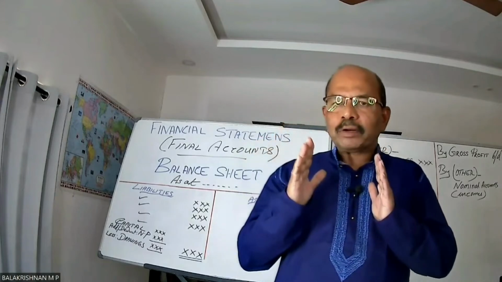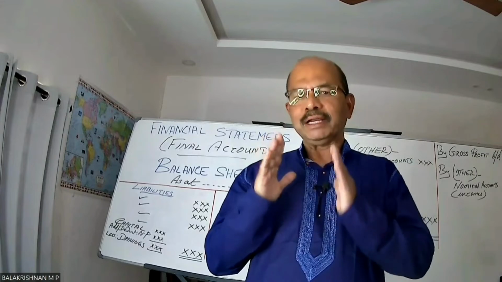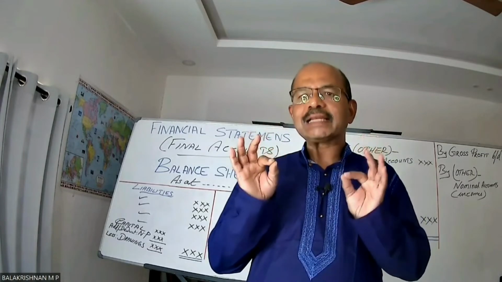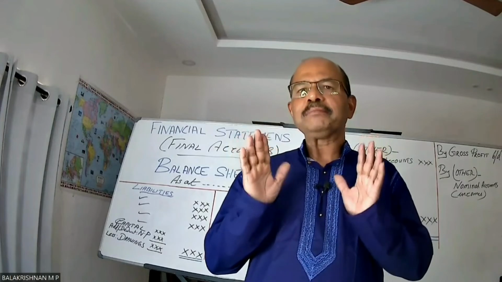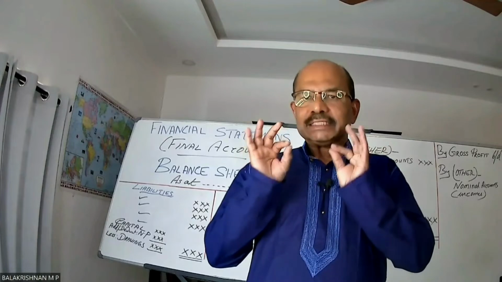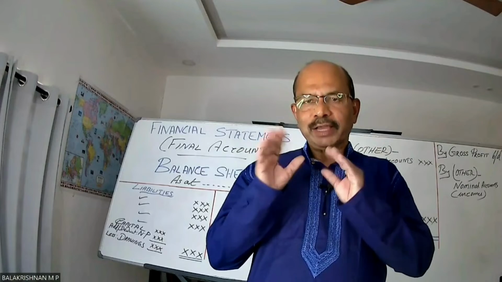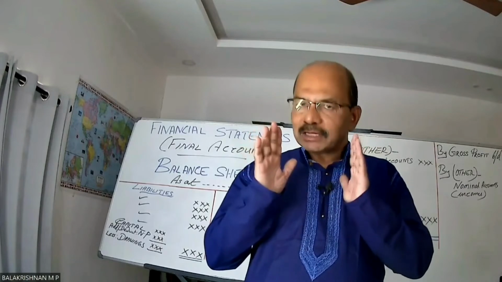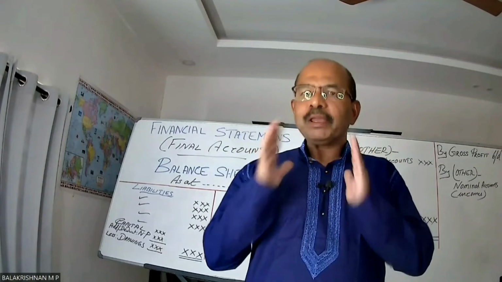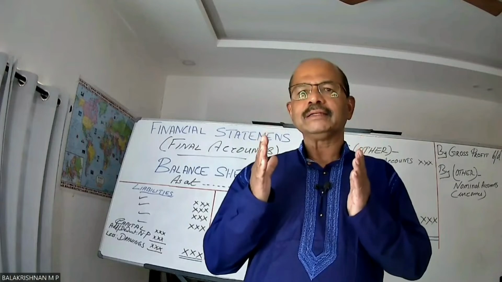Well, to conclude, a tallied trial balance has to necessarily lead to a tallied balance sheet, provided you are absolutely systematic and you have applied your mind. And with no carelessness here and there, it has to compulsorily tally. You will be able to ensure that the balance sheet is automatically getting tallied.